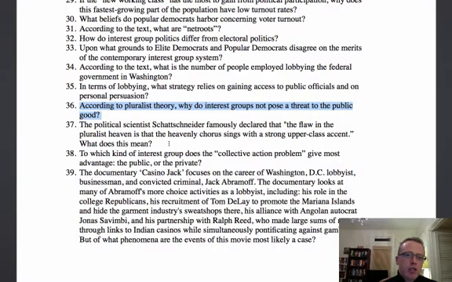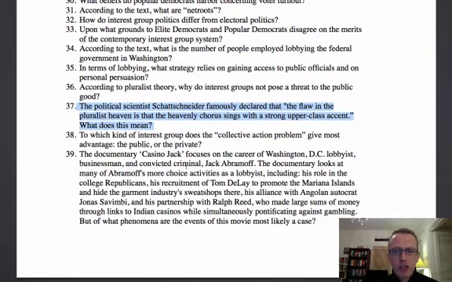But as we learned in lecture, and as we see here, the famous political scientist Schattschneider famously declared that the flaw in pluralist heaven is that the heavenly chorus sings with a strong upper class accent. Now, what does that mean? It means, of course, that generally the pressure groups are favoring the interests of those who have money to pay them.